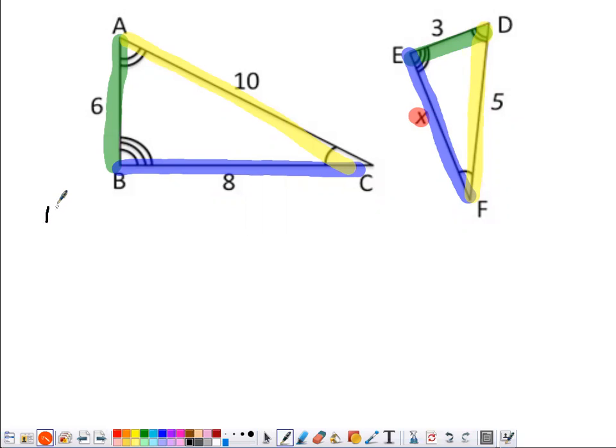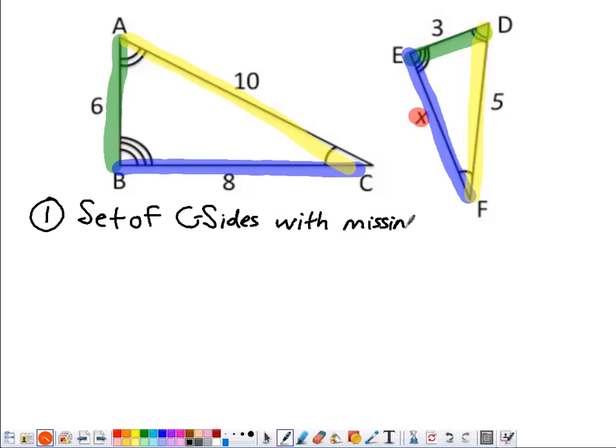Our first one is going to have the unknown. So it's a set of corresponding sides. I'm going to put CF for that: corresponding sides with missing value. So what is my first set of corresponding sides going to be?